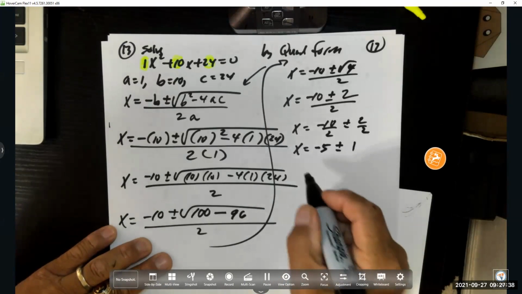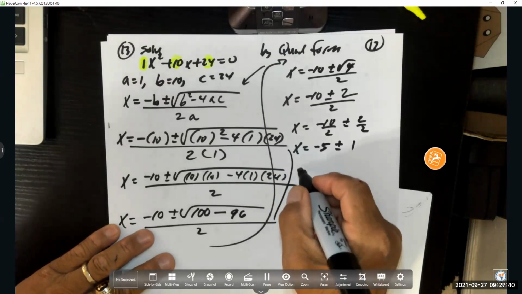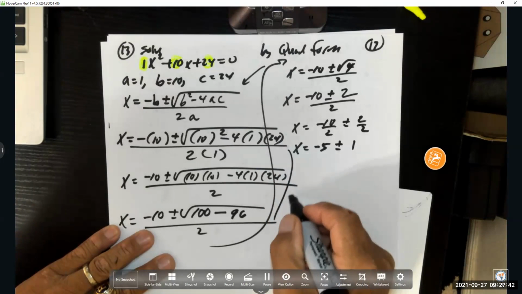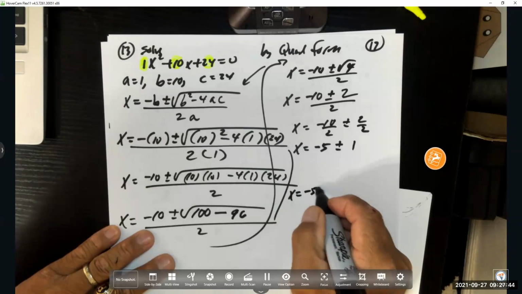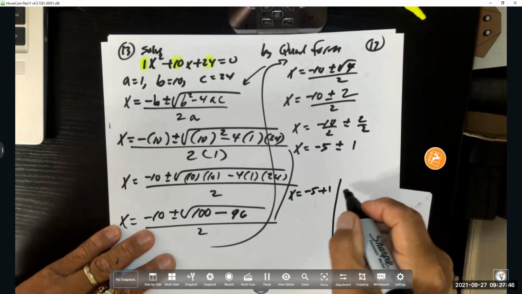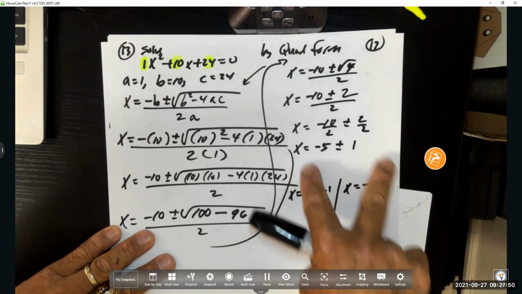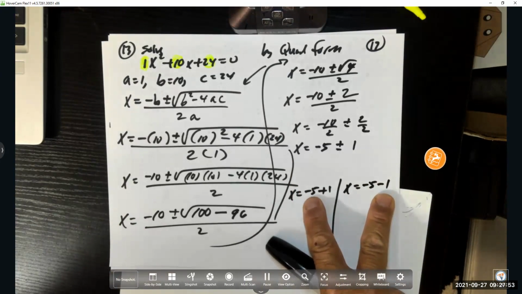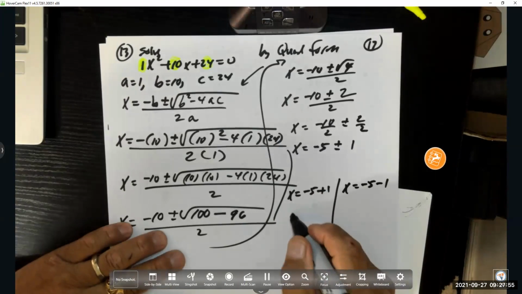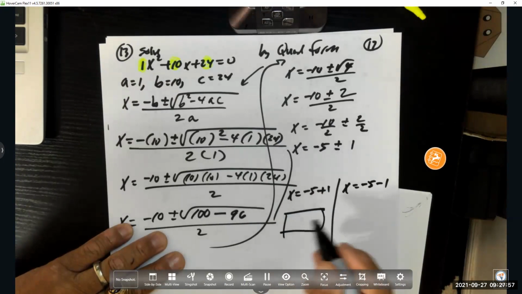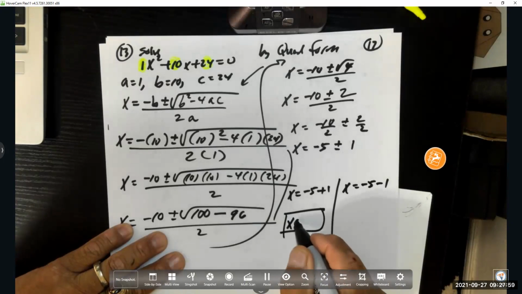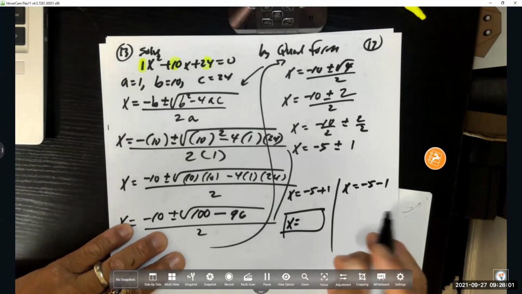So now, two things are going to happen. I'll tell you what's going to happen now. It's either going to be negative 5 plus 1, or it could be negative 5 minus 1. So 2 answers. What's negative 5 plus 1?